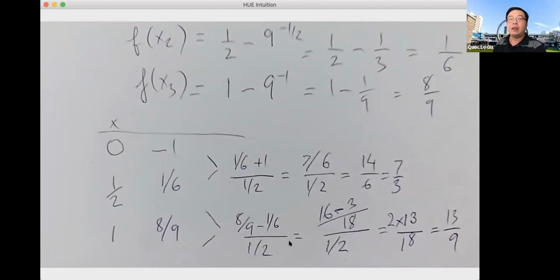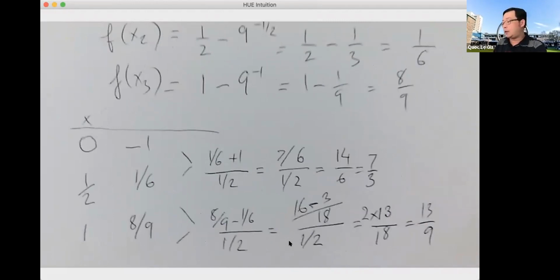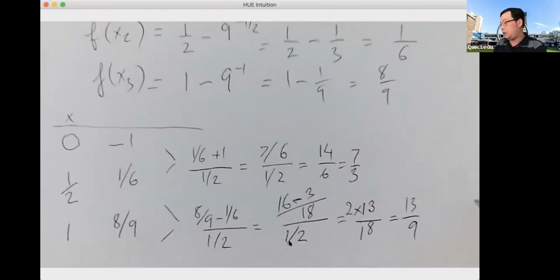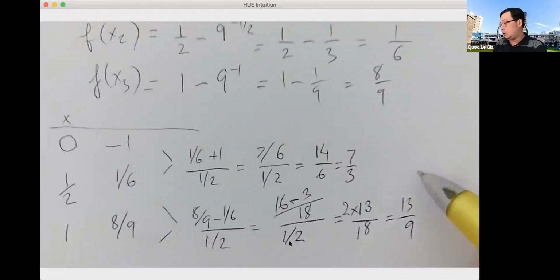Okay. And then after that, you just compute the last entry. So the last entry will be 13 over 9 minus 7 over 3, divided by 1 minus 0.